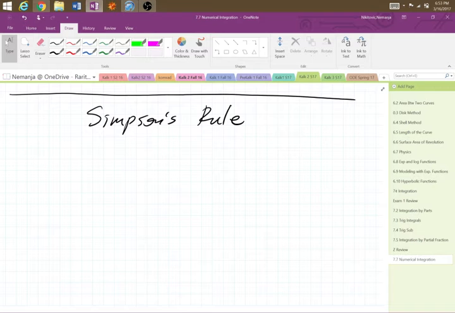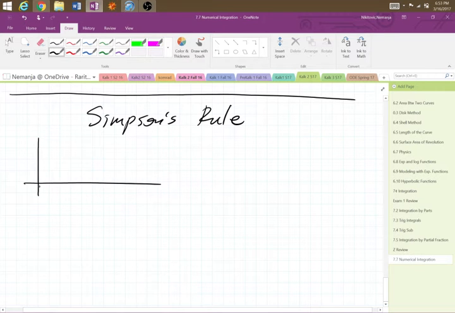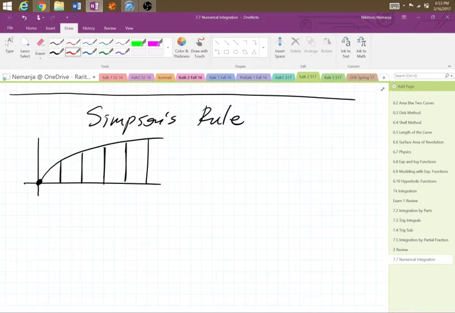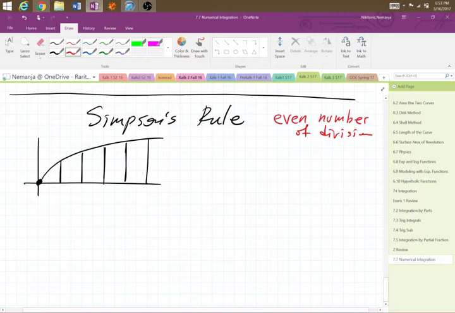So for Simpson's Rule, we are picking 3 points. Now it's very important, guys, to actually have an even number. Let me write that in blood over here. Even number of divisions. So n equals 2k.